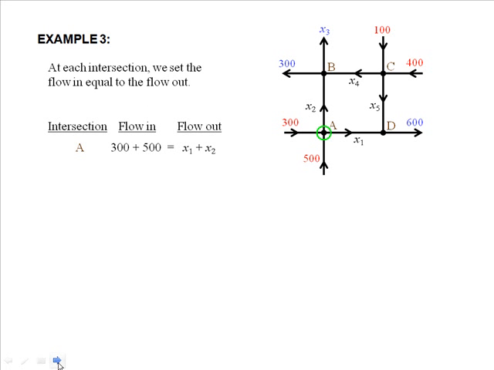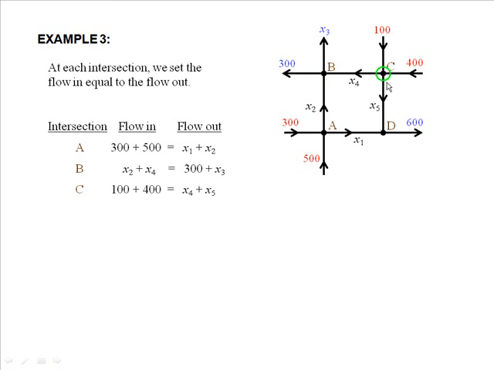So here's intersection A, and notice that the arrows are going in. We have 300 and 500, so we add those together. And the flow out here is x2 and x1, so we add those together. Now we have intersection B, so the flow in is x2 plus x4, and the flow out is x3 plus 300.